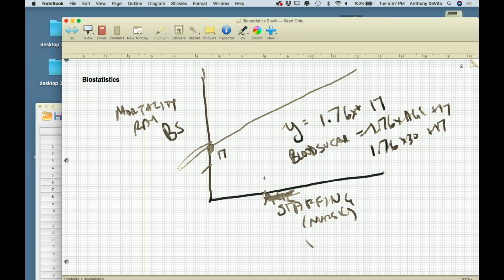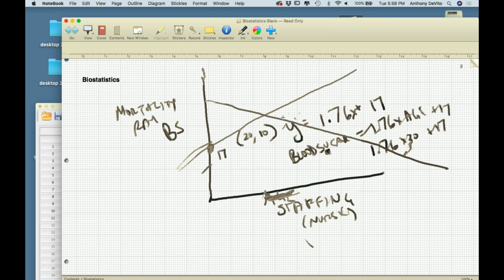Each point represented the number of patients per nurse, say 20, and a mortality rate of let's say 10 per 1,000 in some sort of hospital. And then if the staffing went up, perhaps the mortality rate went down further, and so on. That slope would tell you how increasing staffing will affect mortality rates.